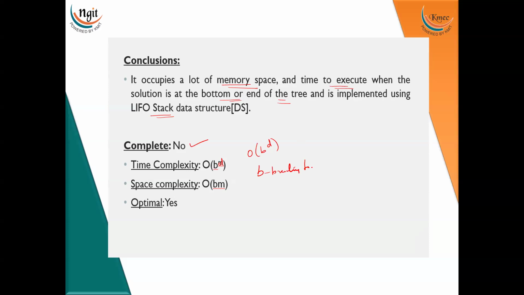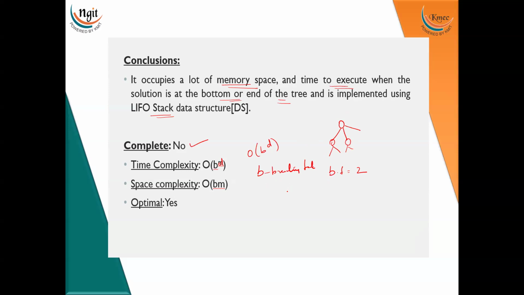So what do you mean by this branching factor? When we have a node with 2 children or 3 children, sometimes we may have 2, sometimes we may have 3. So let us conclude that here the branching factor is 2, and depth d indicates the depth of a tree.